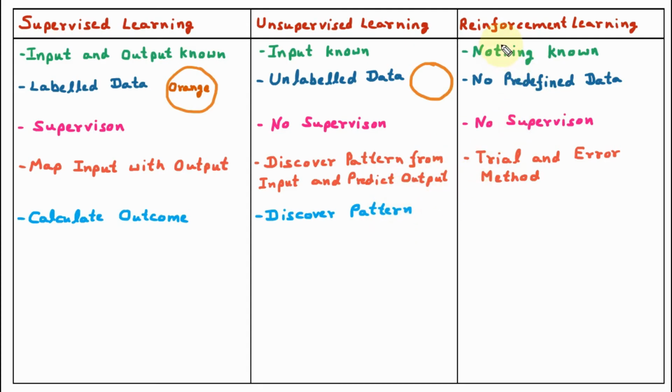In reinforcement learning, the main aim is to learn a series of actions. Here we don't know about input and output. That's why we work on the reward system. Based upon the reward, we understand where we have the profit and where we have the loss. So here we learn a series of actions so that we can get maximum reward.